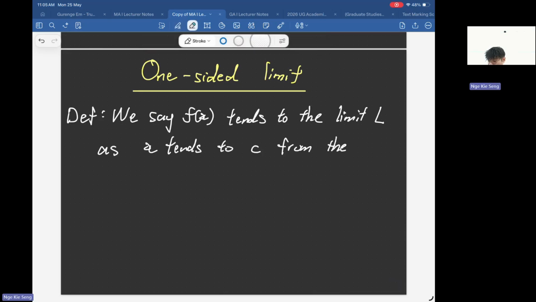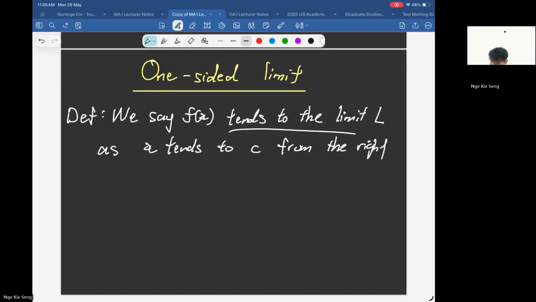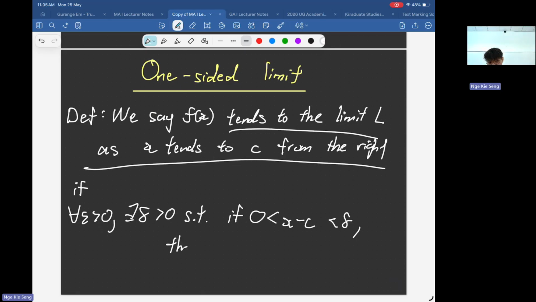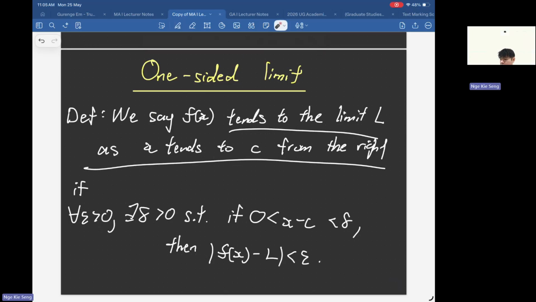This one is from the right side. If for every epsilon greater than 0, there exists a delta greater than 0 such that if x minus C is greater than 0 and less than delta, then we have the usual epsilon convergence here. You can see that I removed the absolute value on x minus C. Is it clear that this inequality gives you the right-hand side or not?